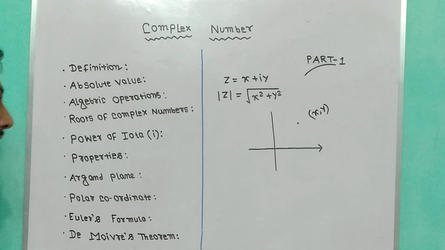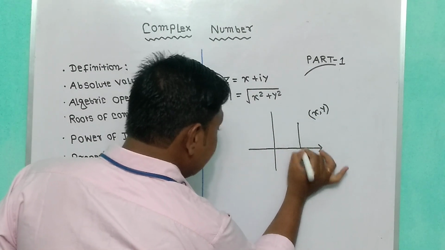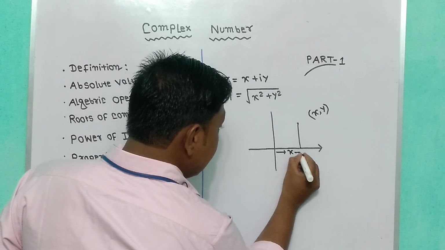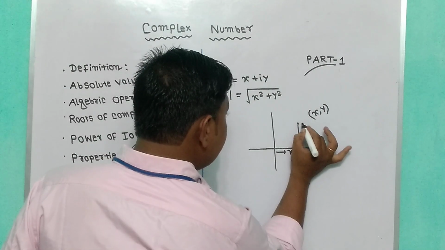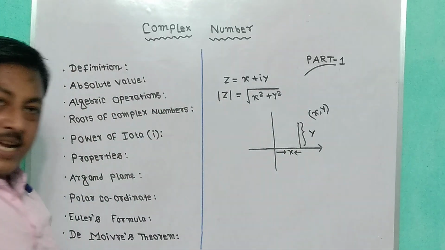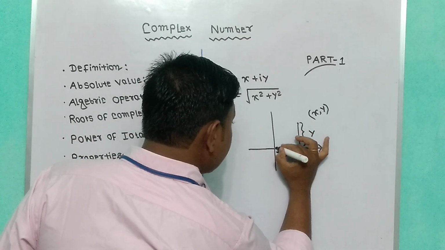Clear? Okay. So what is x? Suppose we draw one line, that means this is x. Clear? And this is y. Clear?